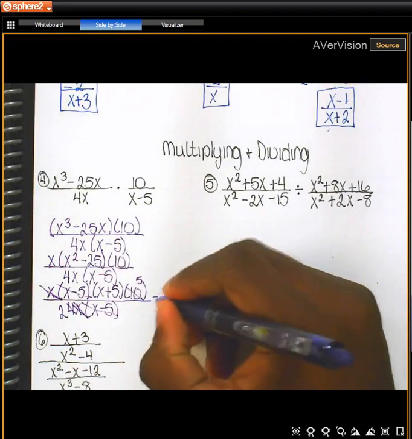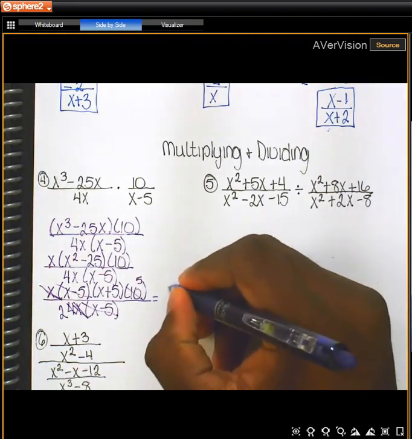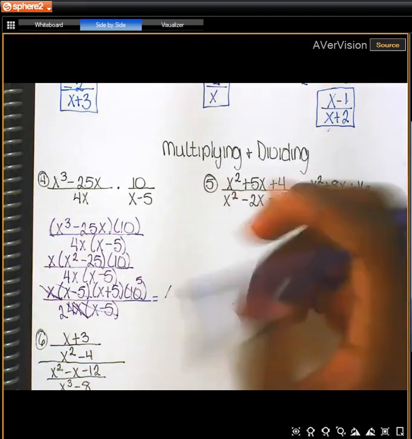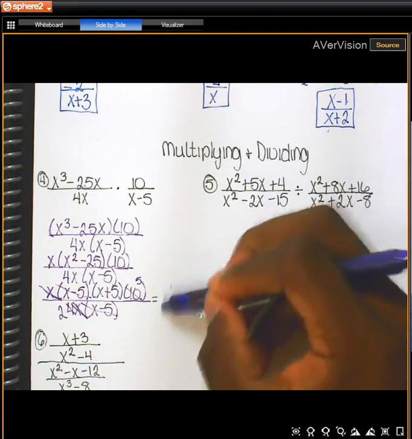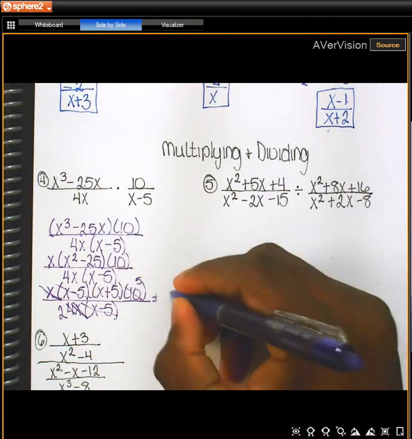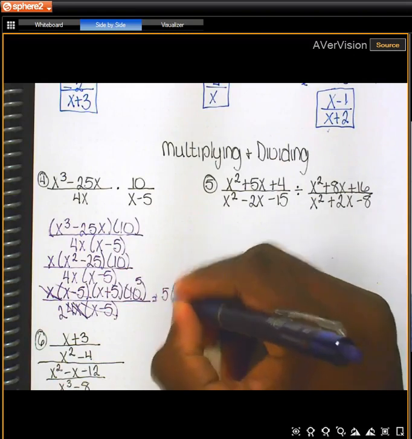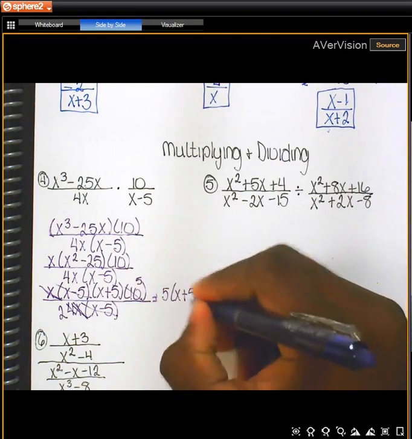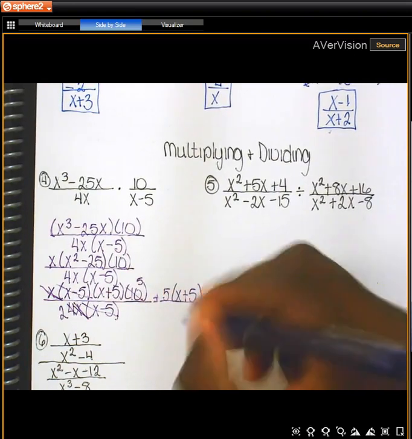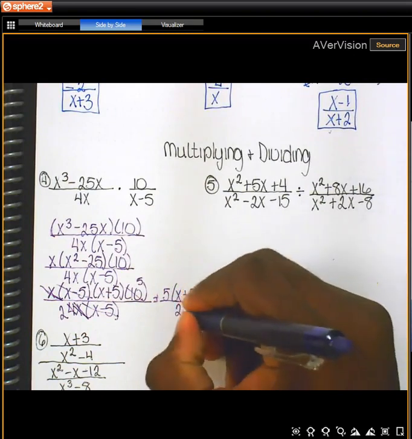So when we clear everything out of the way, we're left with five x plus 5 divided by 2.